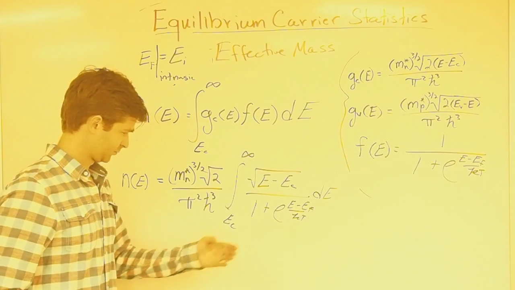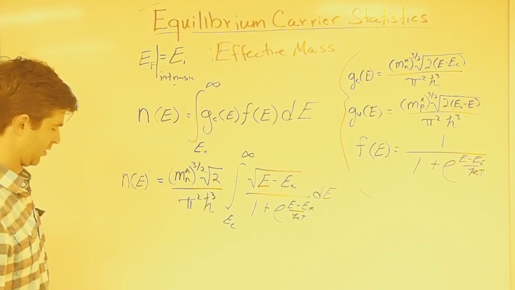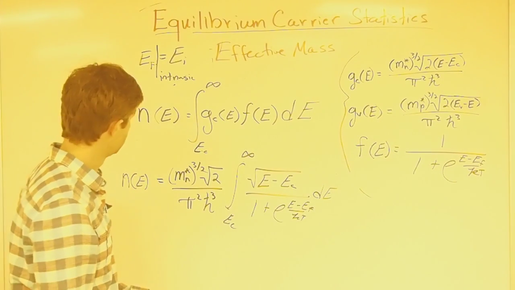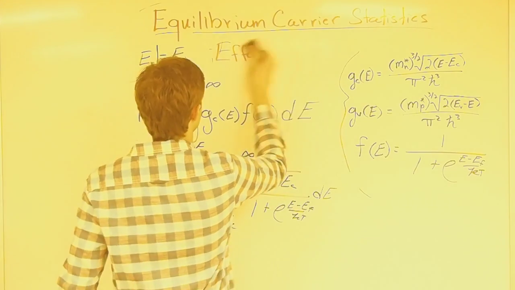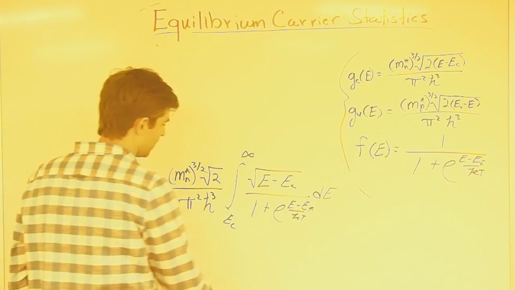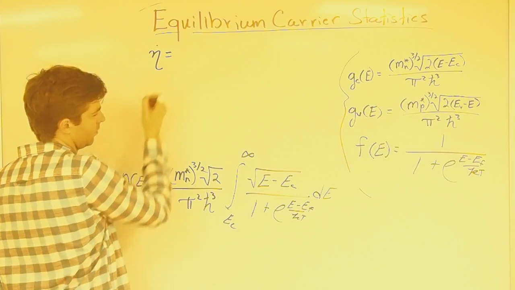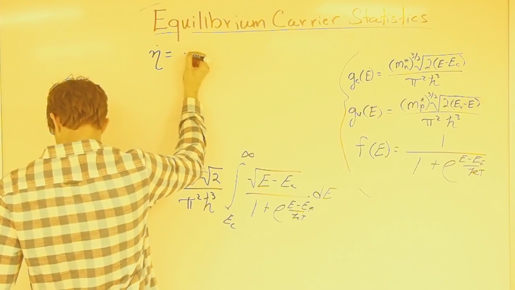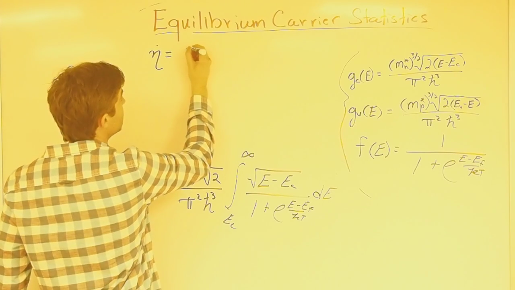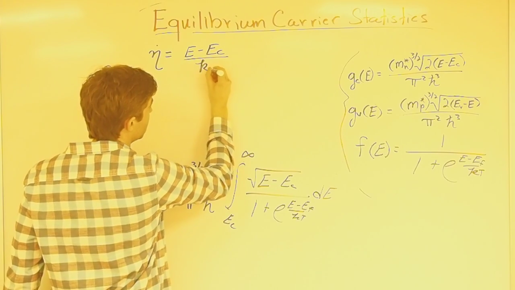We're going to make some substitutions here. We're going to say that this variable eta is equal to (E minus EC) over kT.